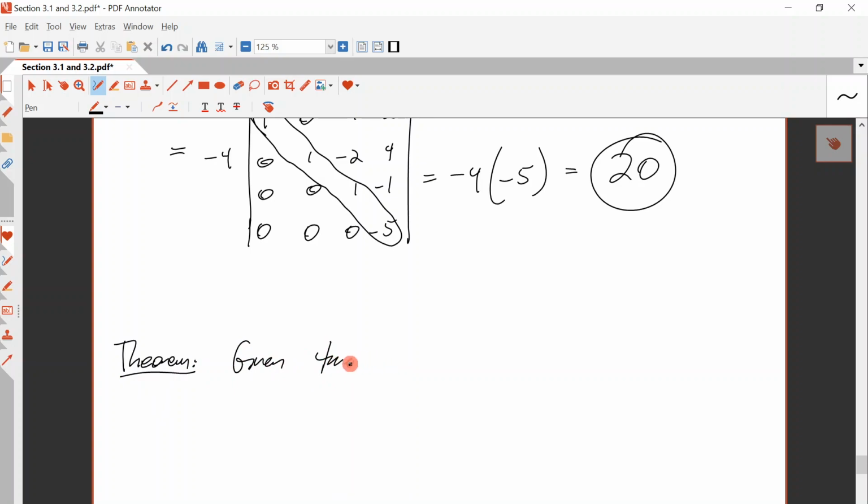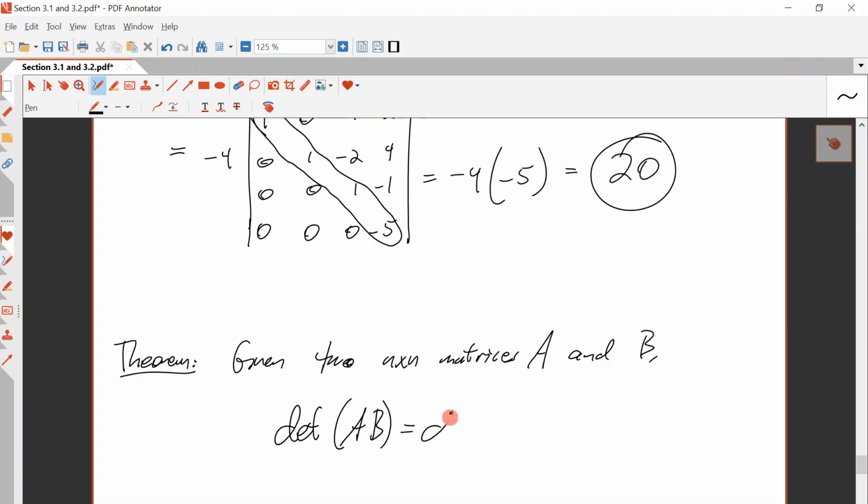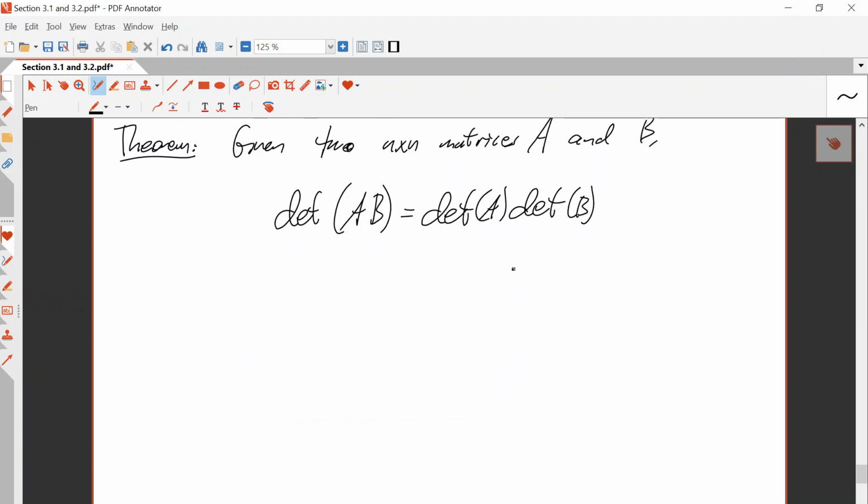Okay. And then the last fact I want to talk about is the following. Given two n by n matrices A and B, the determinant of A times B is the determinant of A times the determinant of B. And the proof is as follows.